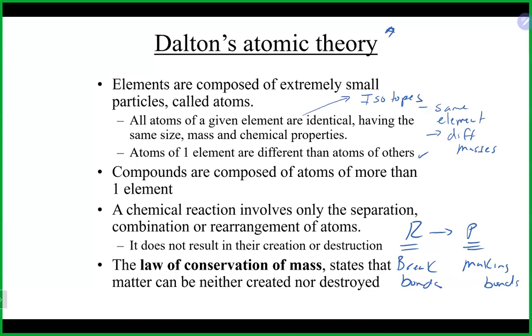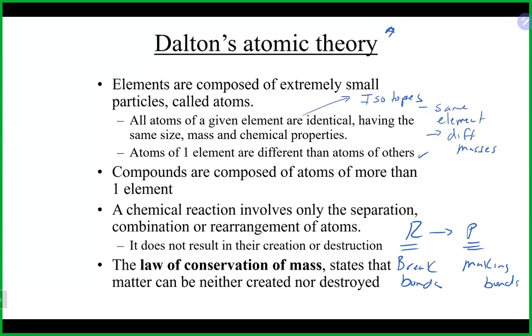So there is no conservation of elements in a nuclear reaction. But in a chemical reaction, which is what we talk about in 1A, you have that conservation of elements. In 1B, you'll get a whole chapter on nuclear chemistry, and in that chapter, you don't have that conservation of elements.